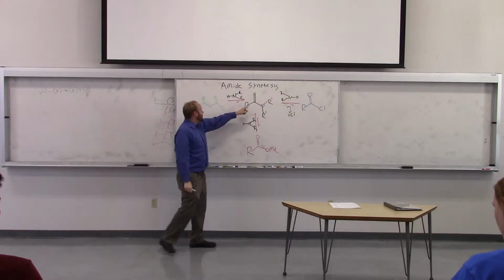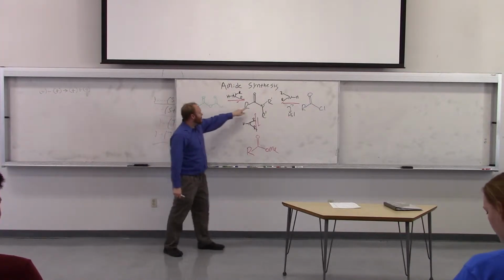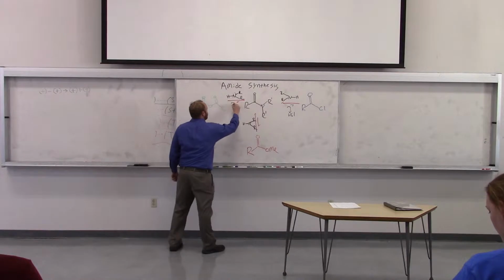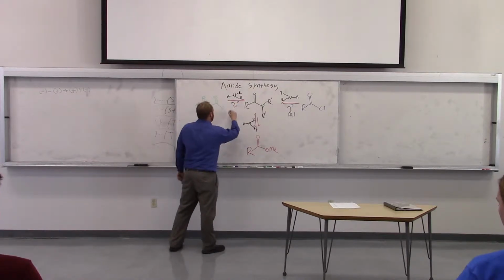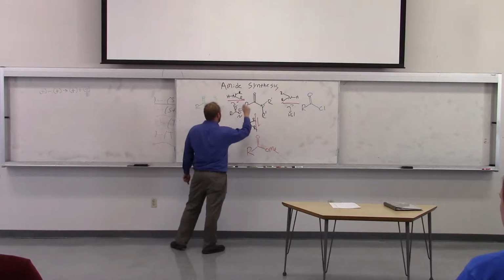We can take an anhydride plus an amine, and that will give us our amide plus our acetate, ammonium acetate, as our byproduct.